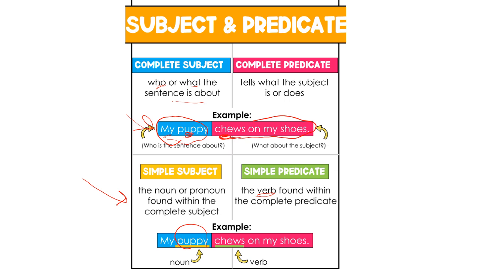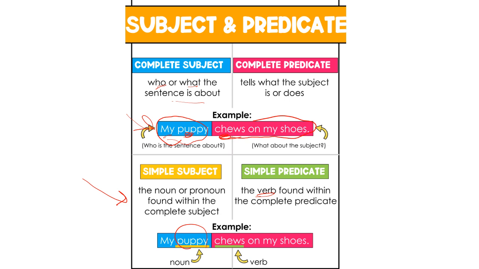The complete predicate tells what the subject is or does. My puppy is doing what? Chews on my shoes. So here we have the complete subject, my puppy, and the complete predicate, chews on my shoes. Okay.